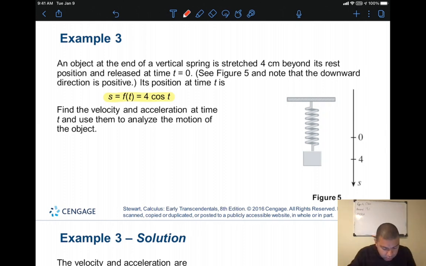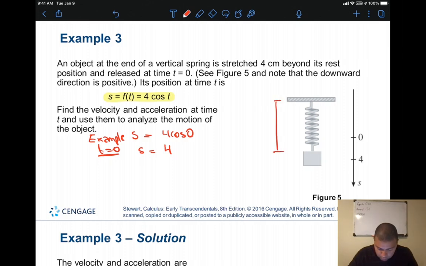When t equals 0, so f of 0, that's an example: cosine of 0 equals 1, so s equals 4. That means the distance is 4, so this is where it starts. And then when t equals, I don't know, pi or something, the height is changing.